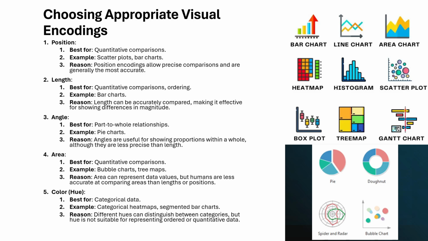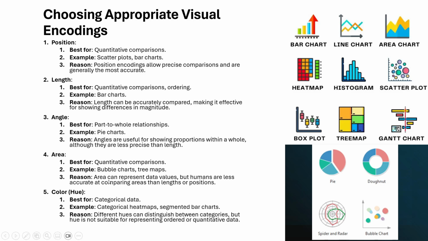Then area. It is again for quantity comparison. Areas are used in bubble charts and tree maps. For example, let us see the bubble chart here. You can see the bigger the bubble size, the higher the magnitude. How much area the bubble covers represents the magnitude of the data.